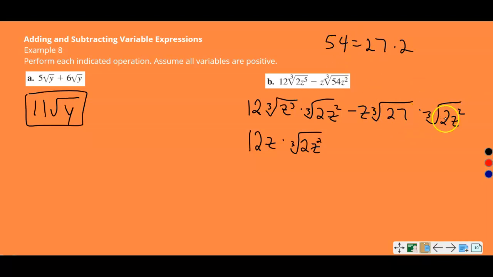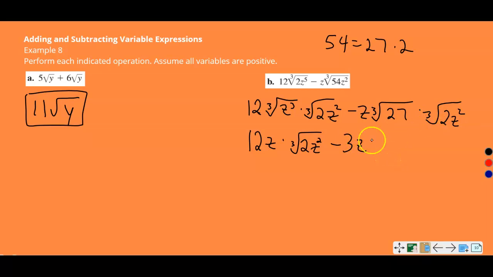So all I did was rewrite this expression here. I've still got the z, I've still got the cube root of 54, and I've still got the z squared. I just rewrote it as 2 terms. Now I'm going to have minus, this is z, times the cube root of 27. Cube root of 27 is 3, so that's going to be 3z. Again, I like to put my number first. You don't have to.